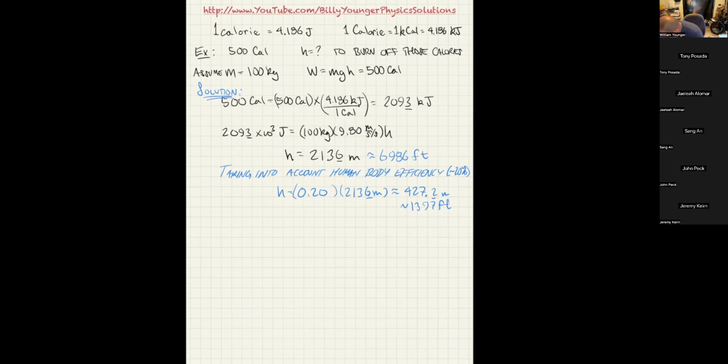So divided by 0.2 gives you 5,000. So in other words, if you wanted to expend 1,000 calories doing work, meaning the work itself actually takes 1,000 calories, then your body's going to spend about 5,000 calories doing that. Okay, thanks. Does that make sense? Okay. Anybody else have any questions?